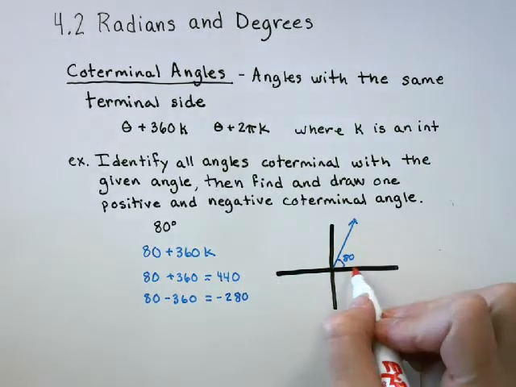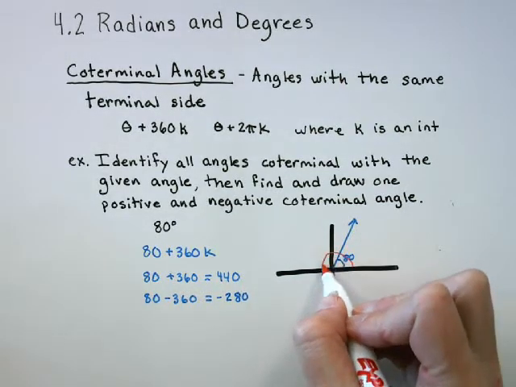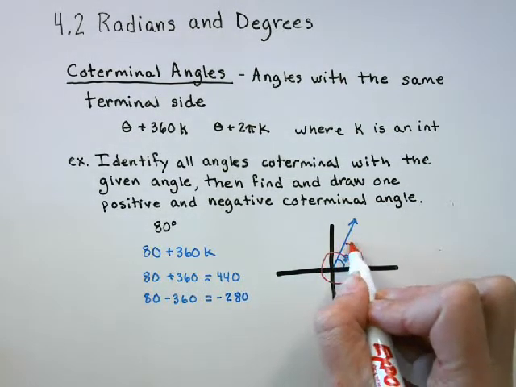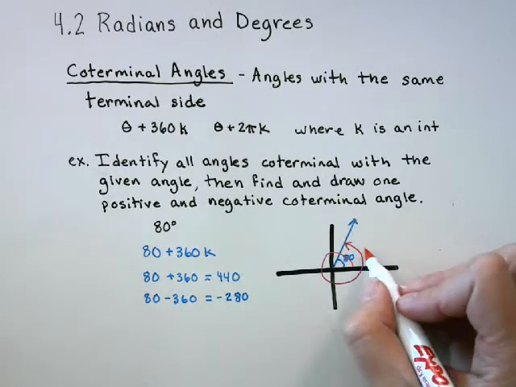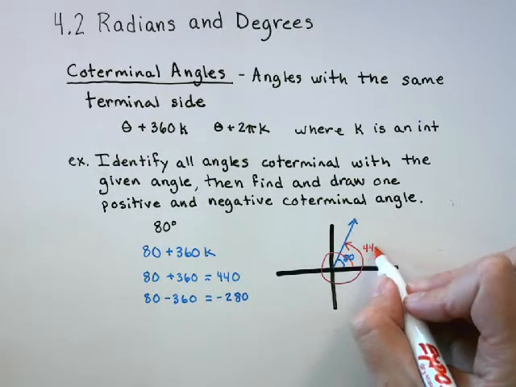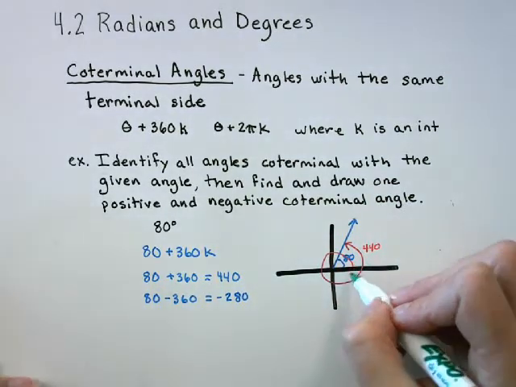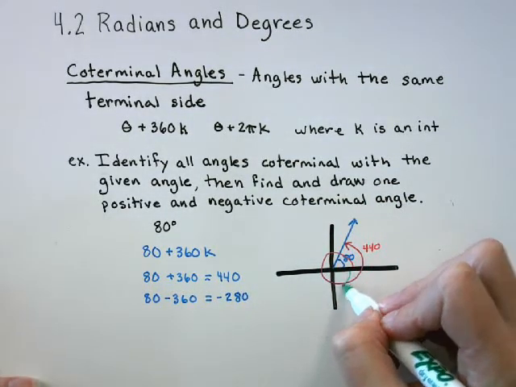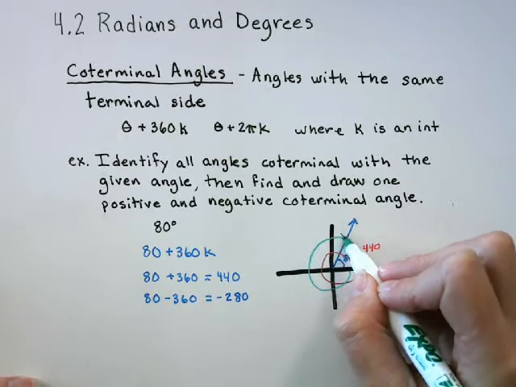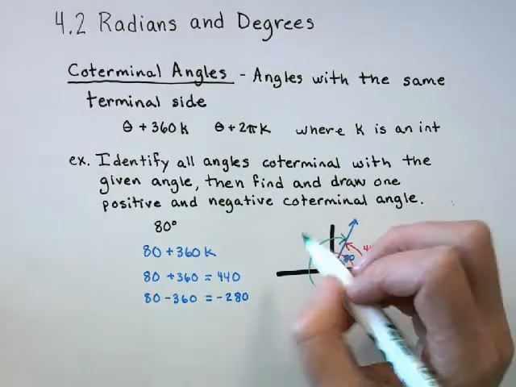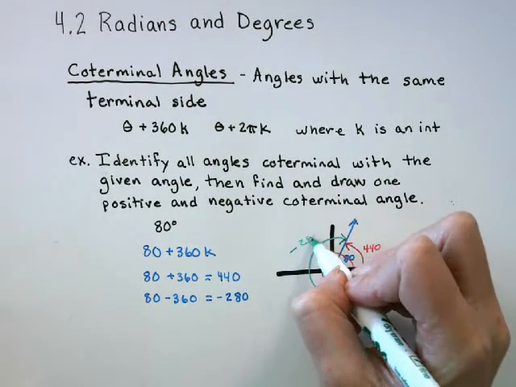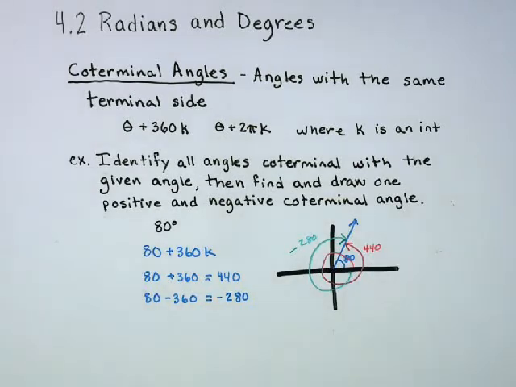So the 440, we're going to start here and go all the way around this direction. For the negative 280, we're going from this side. Negative angles are measured going clockwise. So this would be negative 280.